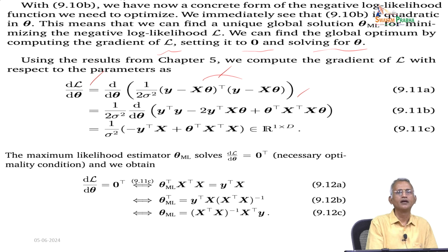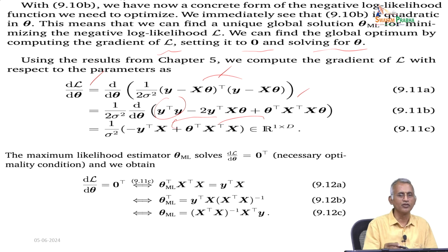Then differentiating with respect to theta, the first term becomes 0 and the second term is y transpose x and theta transpose x transpose x, and the 2 taken outside gets cancelled. So, we have 1 by sigma square into (minus y transpose x plus theta transpose x transpose x), which belongs to R power 1 cross d.